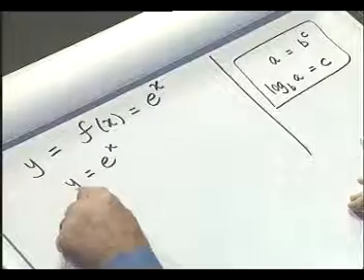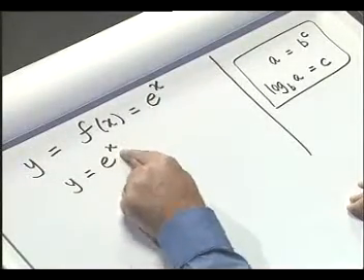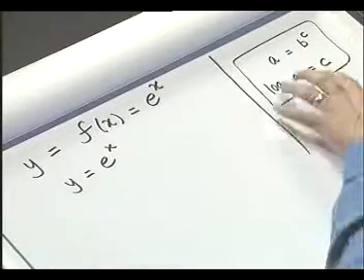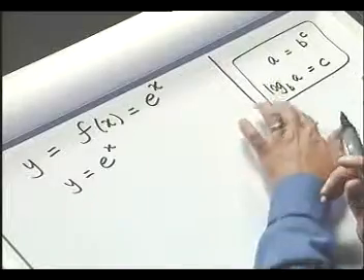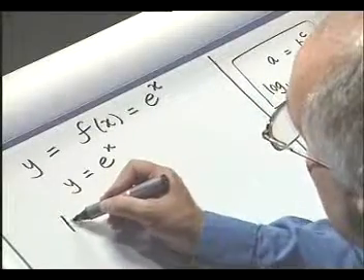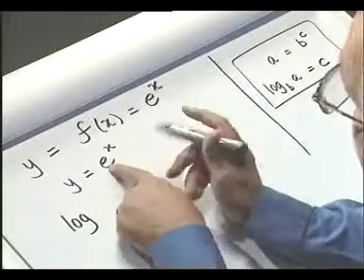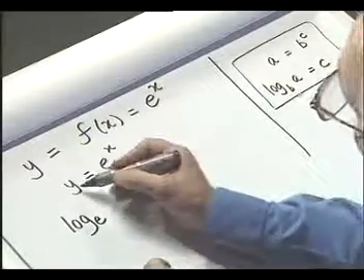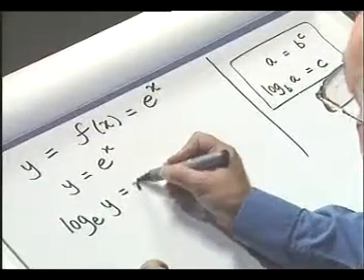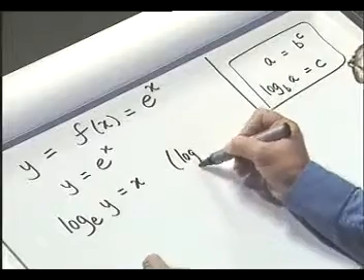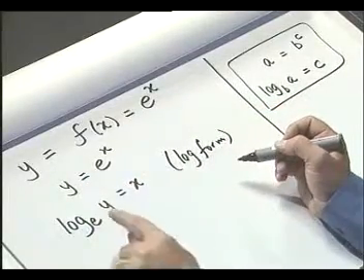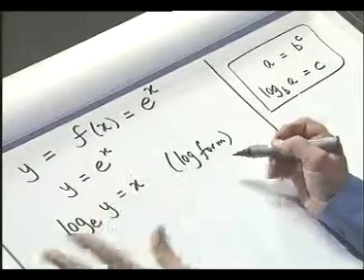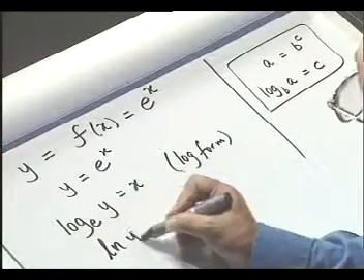What I want to do is take this y equals e to the power x and write it in its logarithmic form. And the logarithmic form, using the result over here, is that the log to base e of y is x. So that's just the logarithmic form of the same expression. Now, log base e of y is what we call ln of y, the natural logarithm.